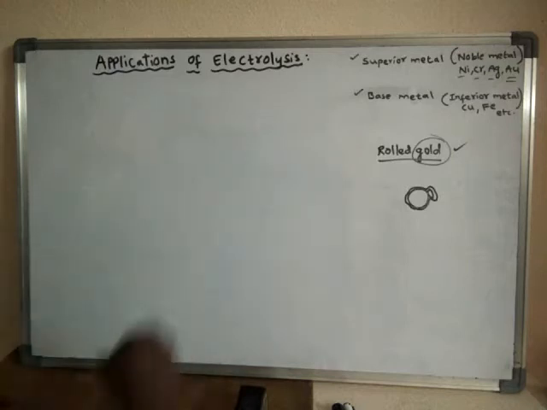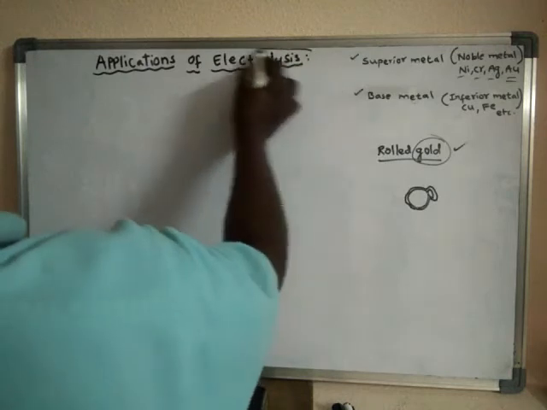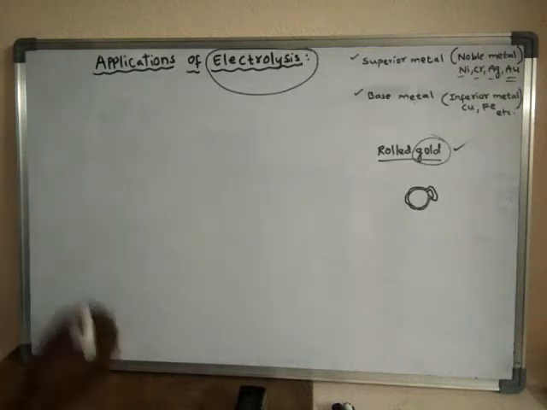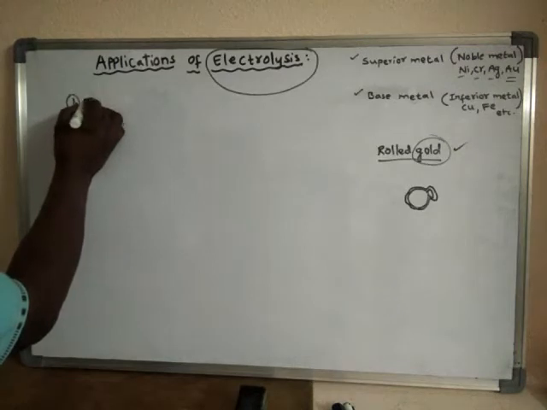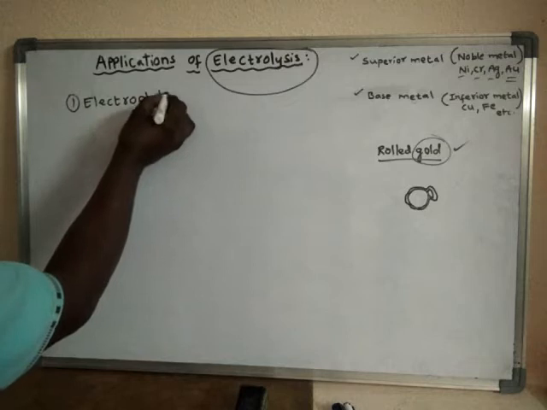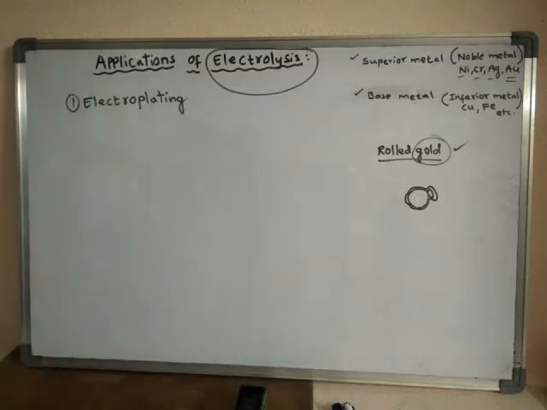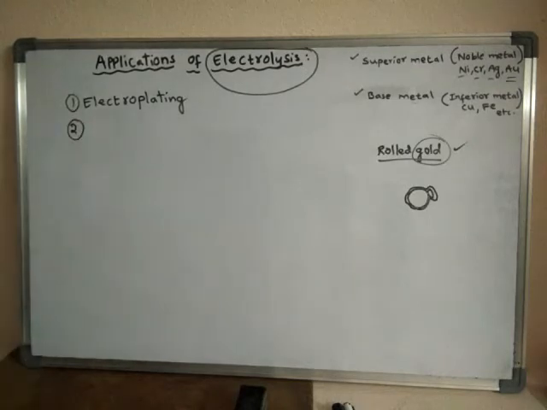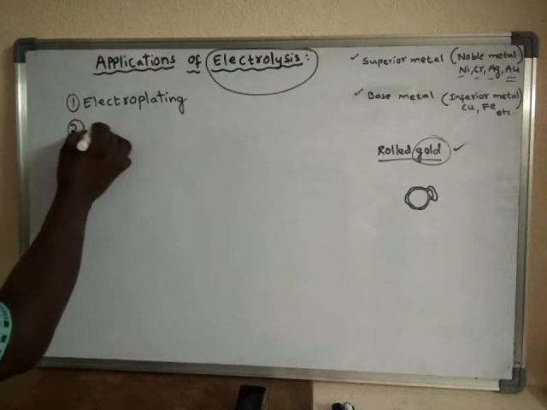We have to know these things while learning about the applications of electrolysis. Industrially, electrolysis is very important. It is used mainly in the electroplating industry and the electro refining industry.